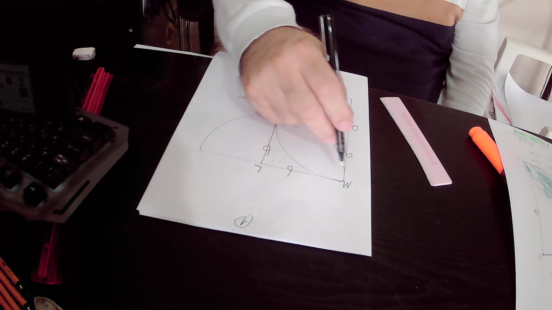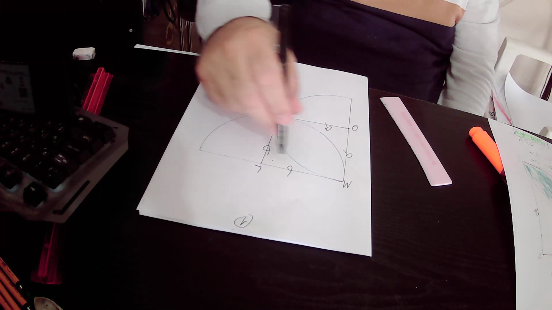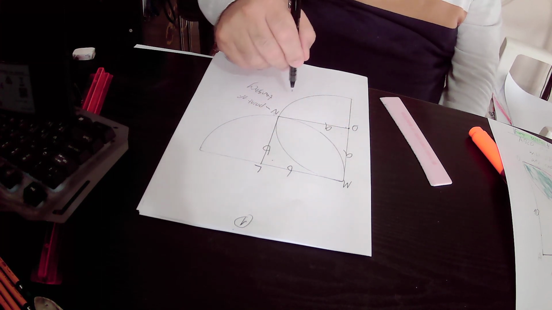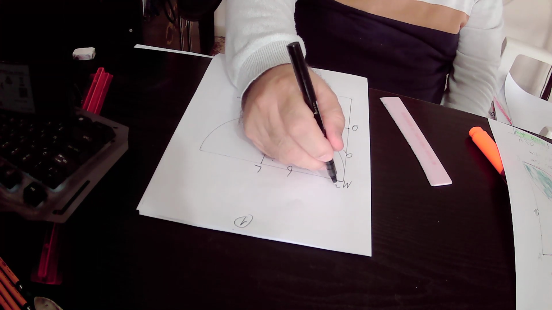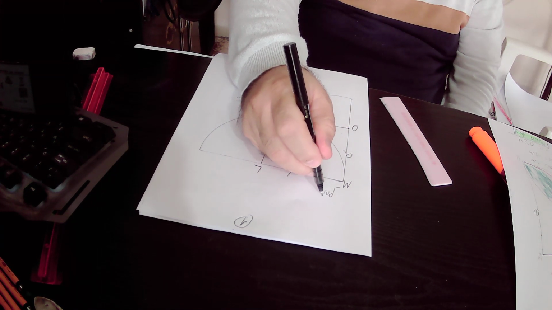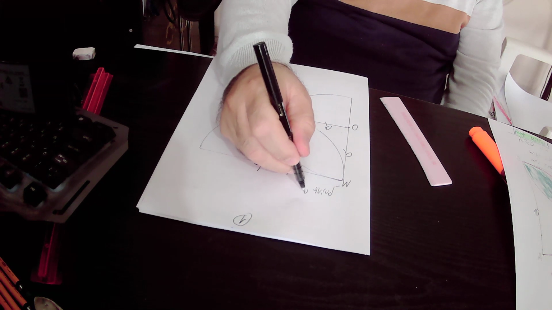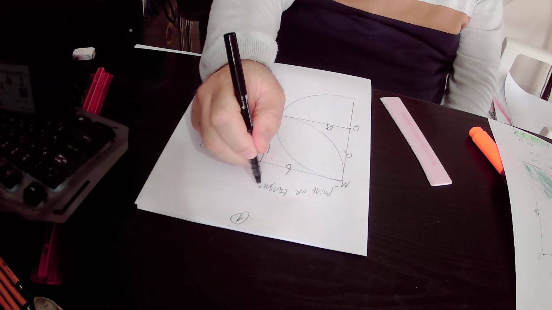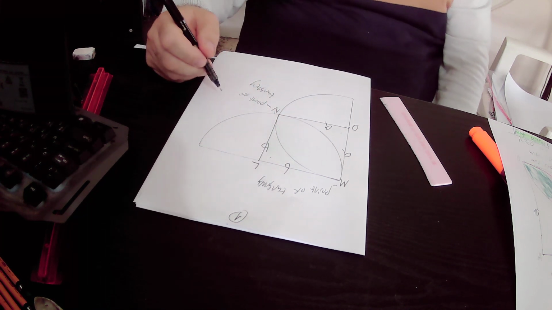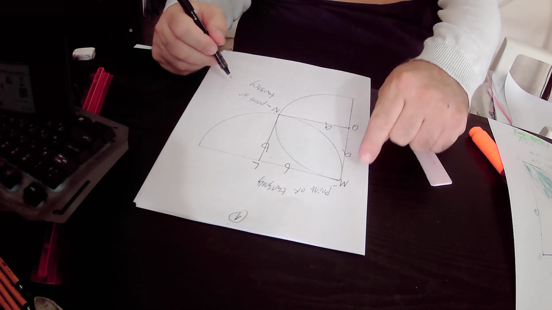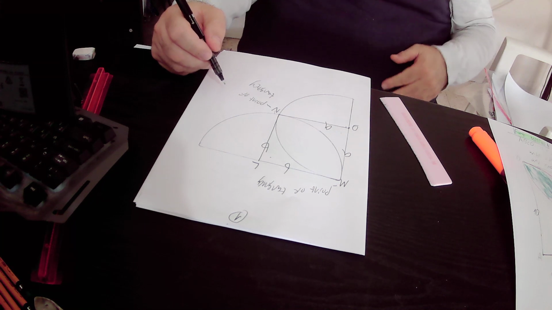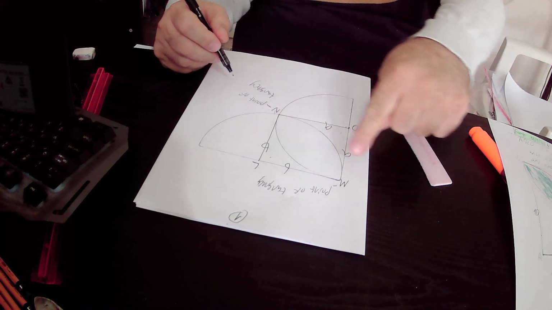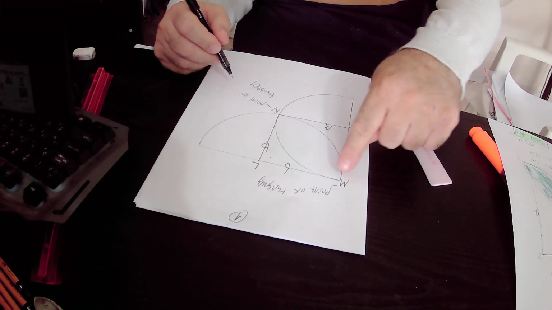Point M is the point of tangency of tangent LM with this semicircle. So here we have the radius OM that is drawn to the point of tangency, that is to say it is drawn to point M, the point of tangency of tangent LM with this semicircle.